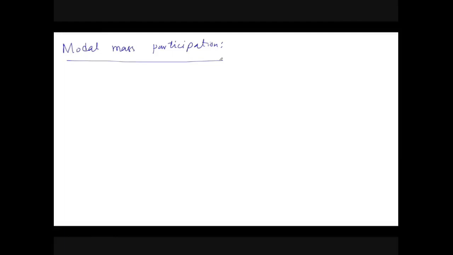To calculate the effective mass participating in a given mode, we can write M effective in a given mode.